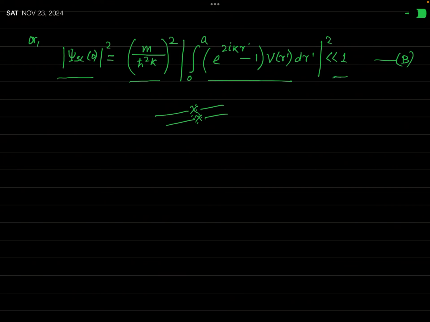This should be much smaller than 1. So this is our final result. When this condition holds, then the Born approximation may be applied. So you can say that this is the condition for the validity of the Born approximation.